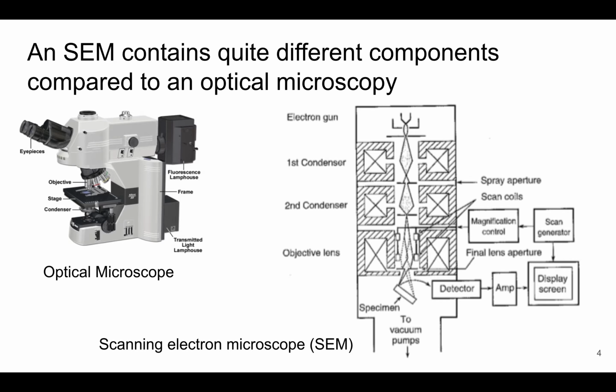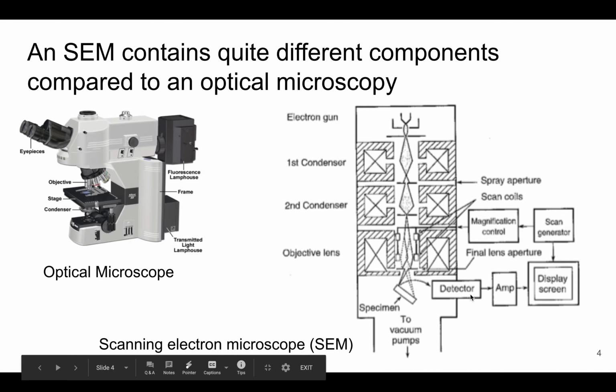All right, so let's start with a comparison between SEM, which we haven't talked about, and components of an optical microscope, which we talked about quite a bit at the beginning of the semester. This is a typical compound light microscope that you've seen from earlier in the semester. And here is a schematic of an SEM.